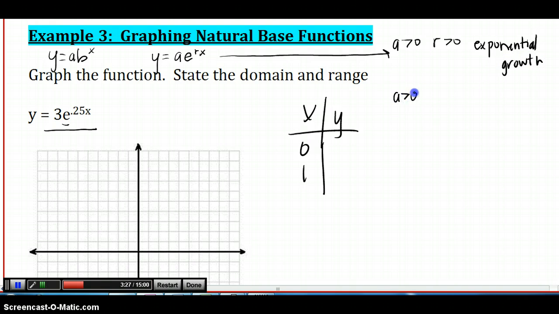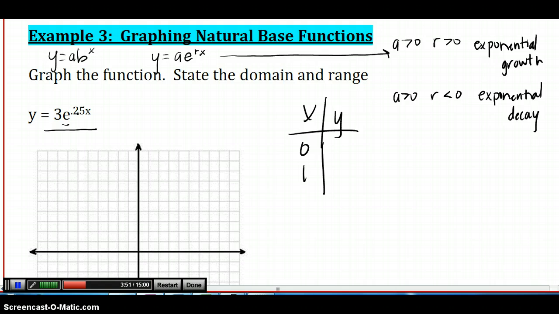And if a is greater than 0 but r is less than 0, this is an exponential decay function. So just by looking at this, 3 times e to the 0.25x, our a is greater than 0 because it's 3. And our r is also greater than 0 because it's 0.25. So this should be a growth function when you graph it.